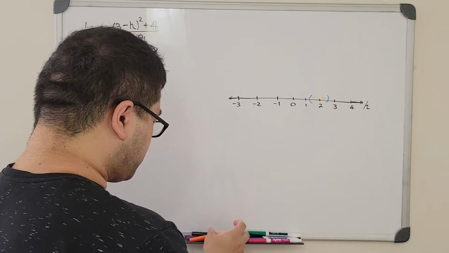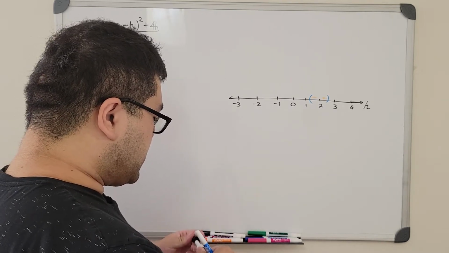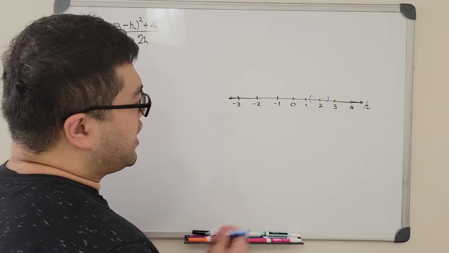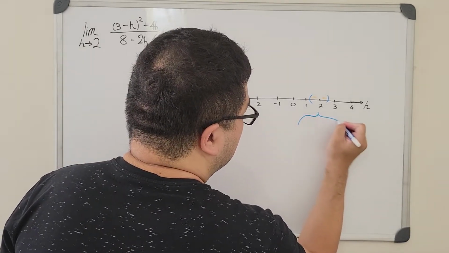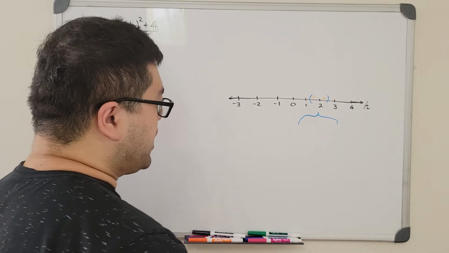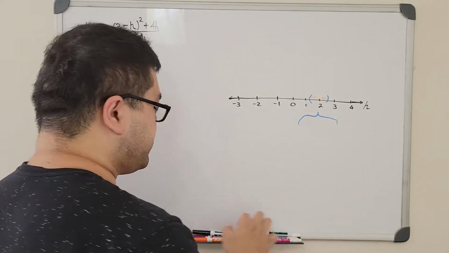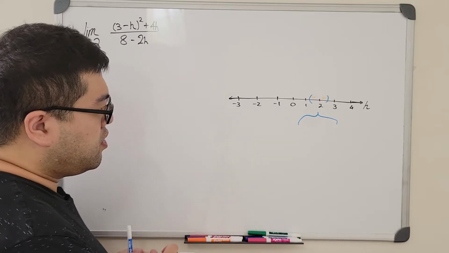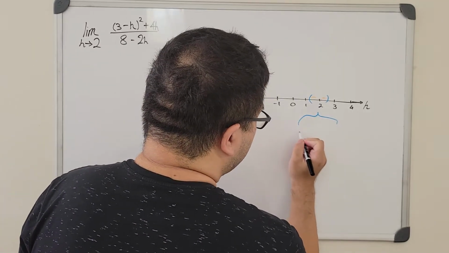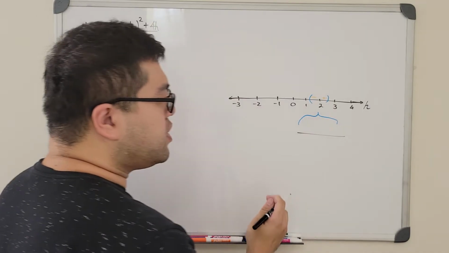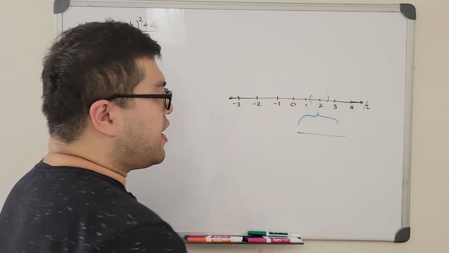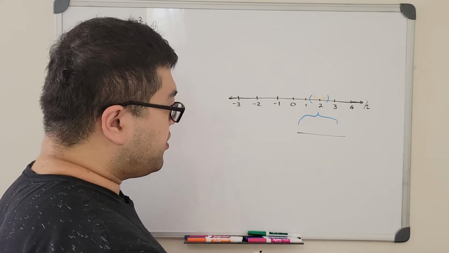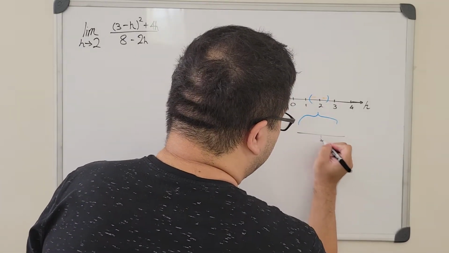It means that we can get a small neighborhood as small as we want. In math, we call it arbitrarily small. If we zoom in on the number line and look at the neighborhood, we have 2 here.